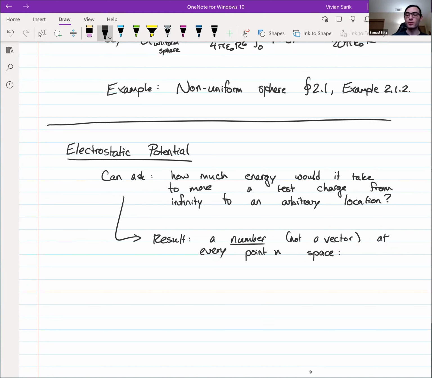And so that set of numbers, one number associated with every location in space, is known as a scalar field. Remember, a scalar is just a number. A vector field was a vector at every position in space. A scalar field is a number, or a scalar, at every position in space.